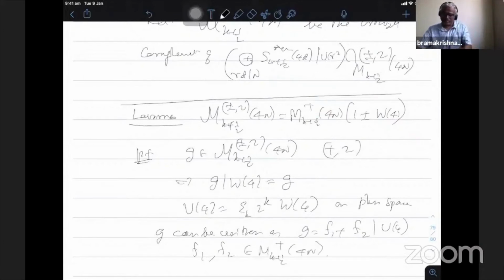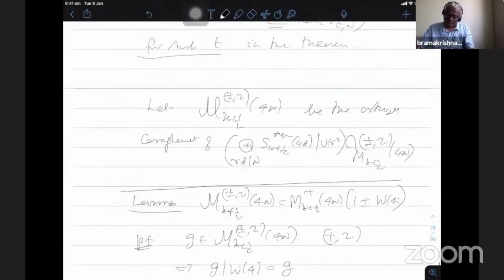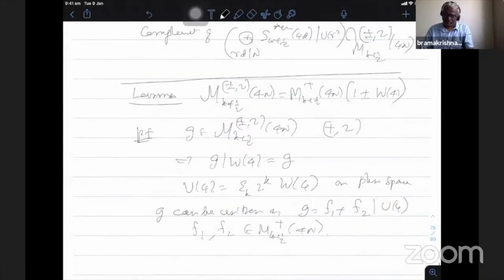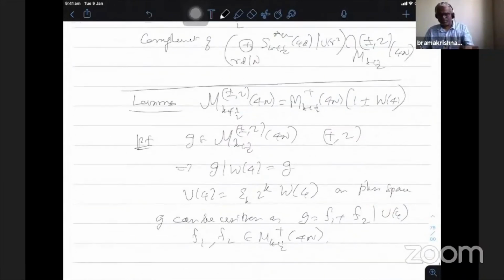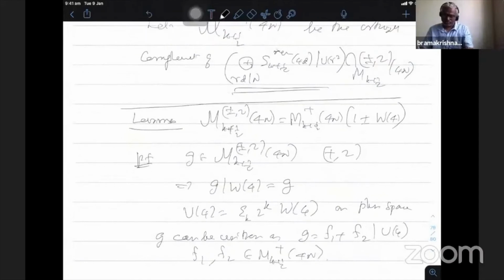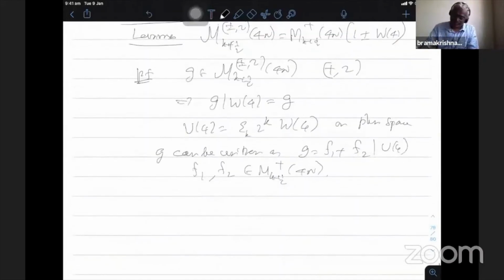Except for the plus 4N, all the remaining spaces are nothing but new forms, the complement space, and their duplications. I already took out all these things in this particular one. Therefore, everything goes out. Only this part remains and its duplication, which is U4. So G is written as a linear combination of these two elements only, and they come from the plus space.